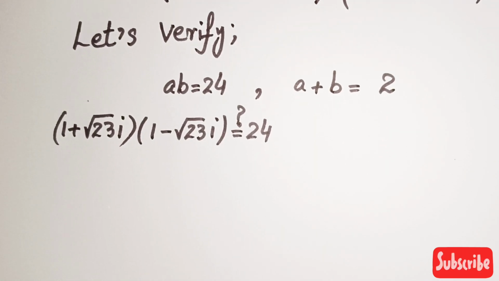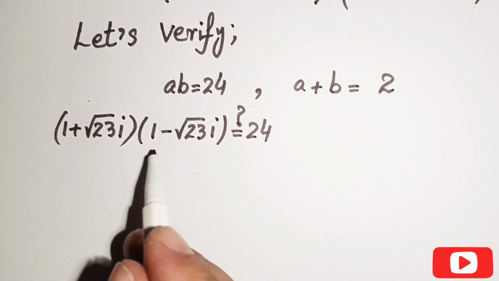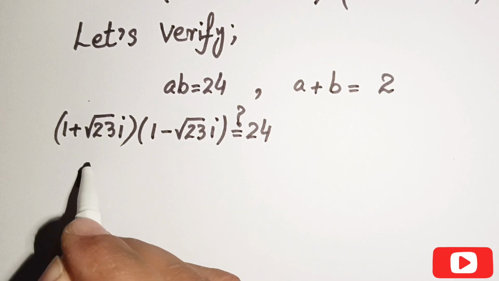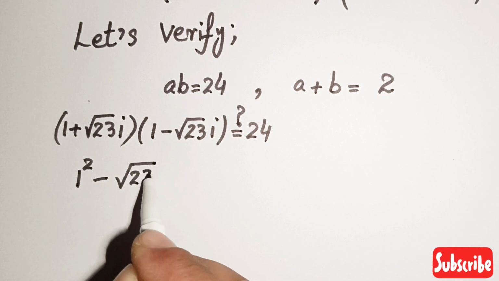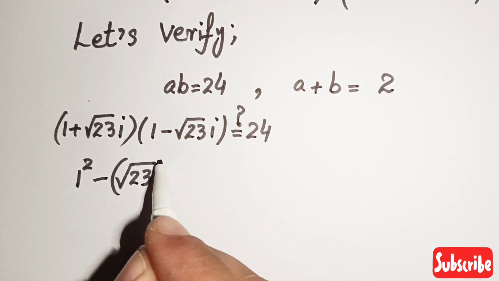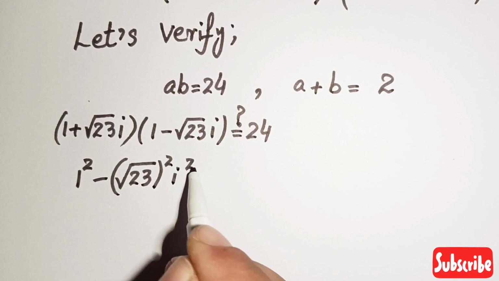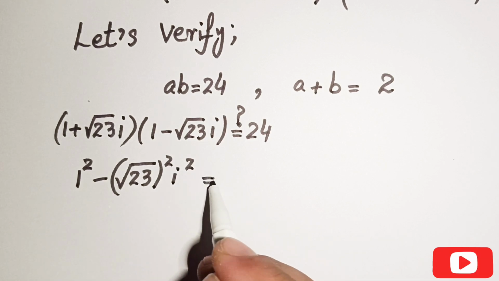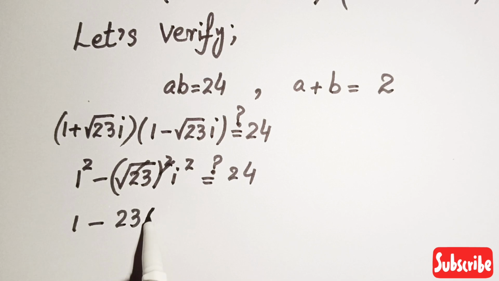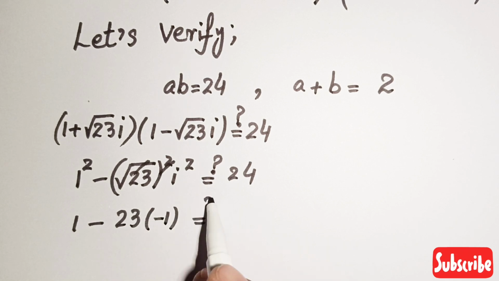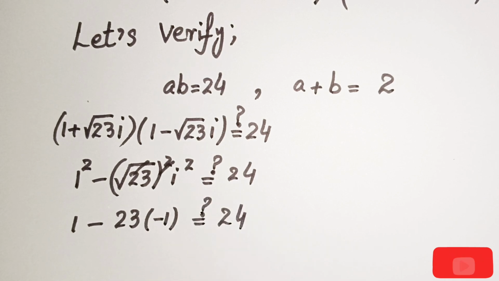Now here we know that a plus b and a minus b will be equal to a squared minus b squared, means 1 squared minus square root of 23 whole squared times i squared. We have used the algebraic formula here. So 1 squared is equal to 1 minus, cancelling the square with the square root, we have 23. i squared is equal to minus 1, that is equal to 24.